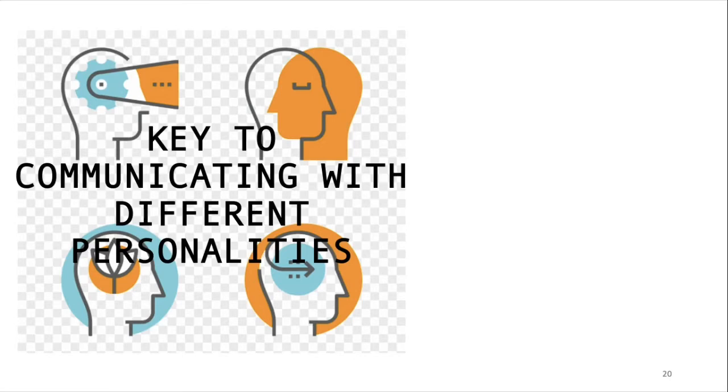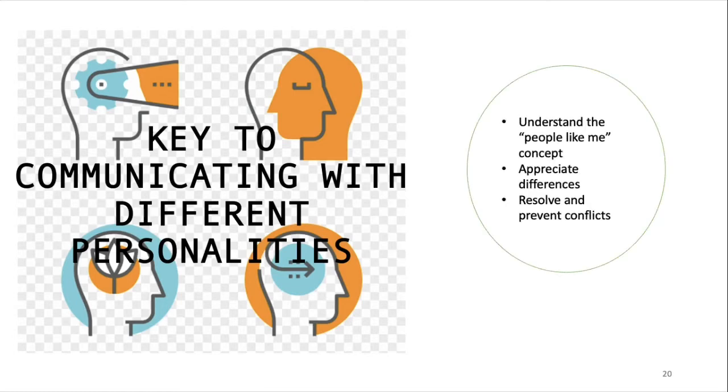Key to communicating with different personalities. We have different personalities in an organization or in a person, right? So we know we have different personalities. So how are we going to cope and create effective communication with these types of people? The first one is to understand the people like me concept.